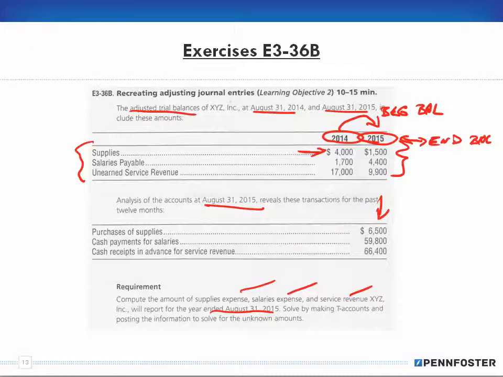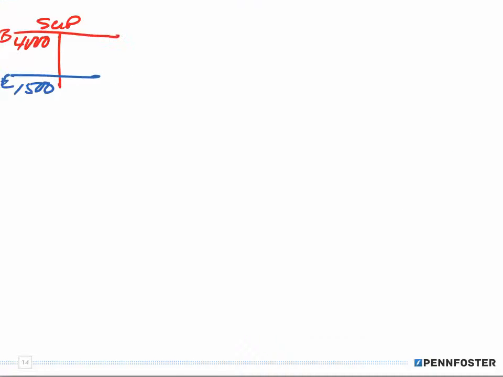Salary payable is 1,700 and 4,400. So salary payable was 1,700, and it had an ending balance of 4,400.